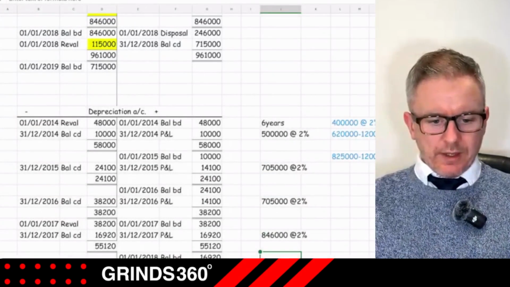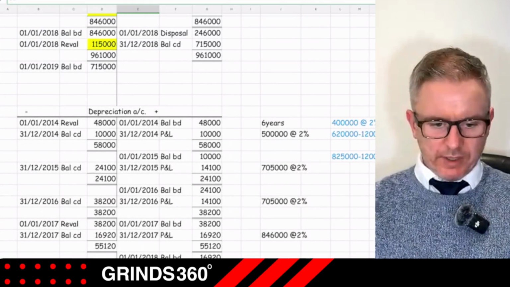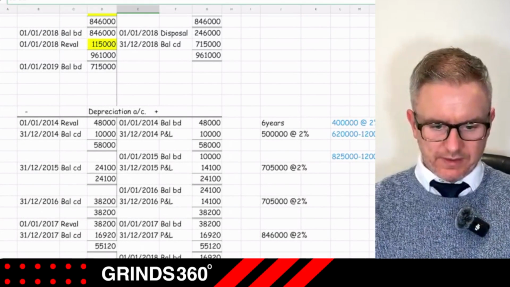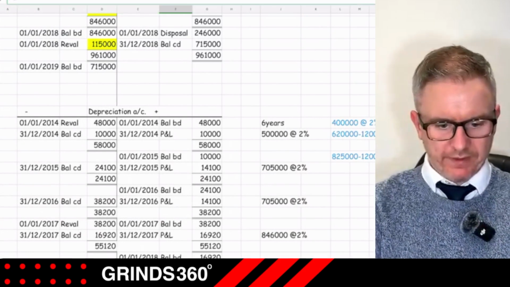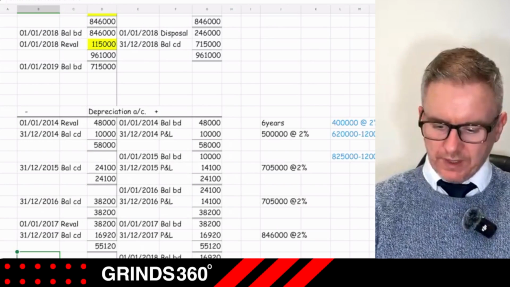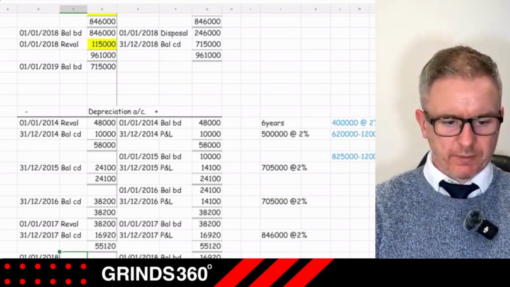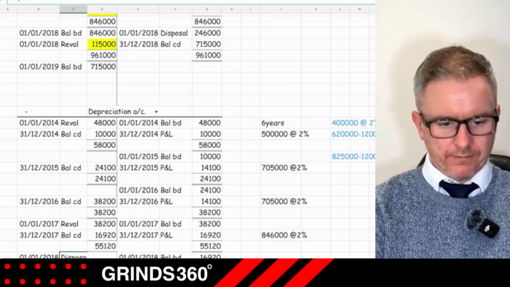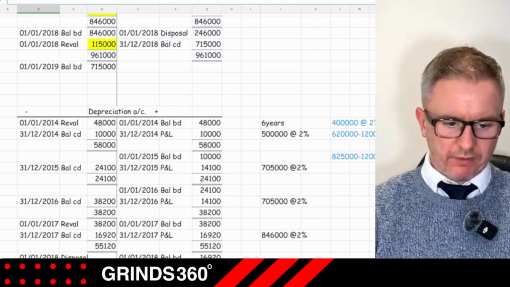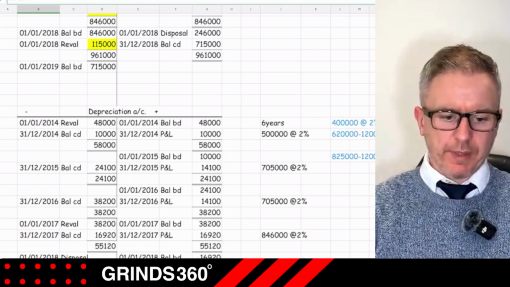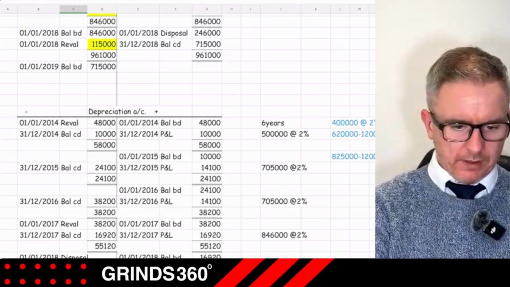So in this one, there is going to be a depreciation charge for the year, the same as normal. So there will be a P&L figure. But we're also going to have the following. On the 1st of the 1st, 2018, we're going to have a disposal. And then we're going to have a revaluation. And finally, we're going to balance off the account, all right?